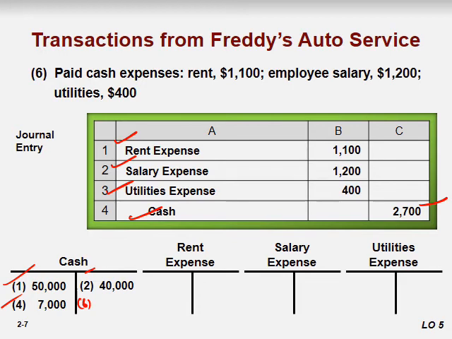We just write down 6 here, 2700 here. The rent account is debit 1100. We just see that here 6, 1100. Salaries 6, 1200. Utilities 6, transaction 400. Right? This is how we record it. Right? Good.